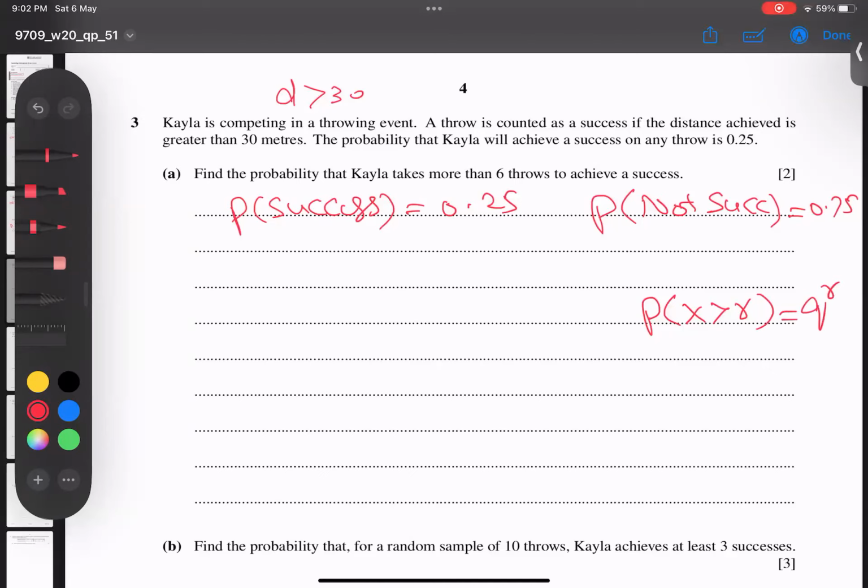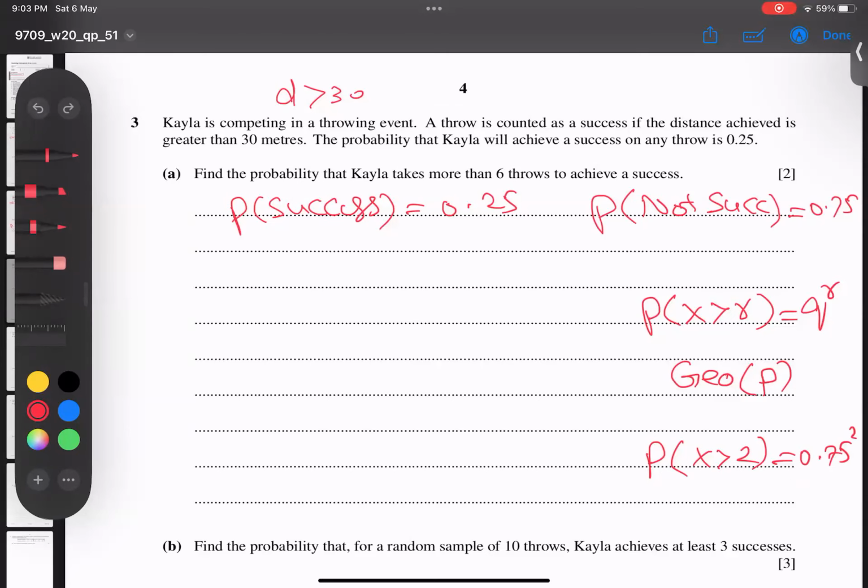There's a formula for geometrical probability. We normally use geo and p inside. p is the probability of favor, and q is called not favor. For example, if I say throw more than 2, that means x is bigger than 2. Simple. q is 0.75, so we write the power 2. This is the answer.